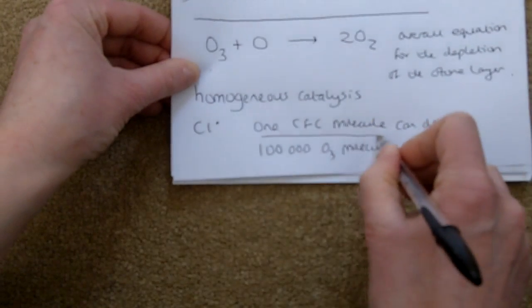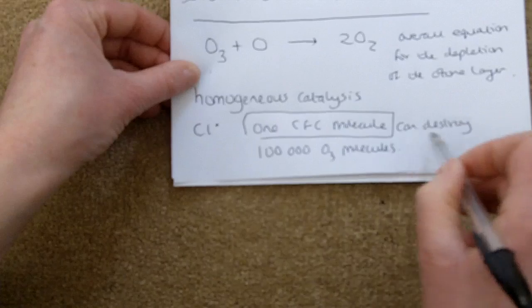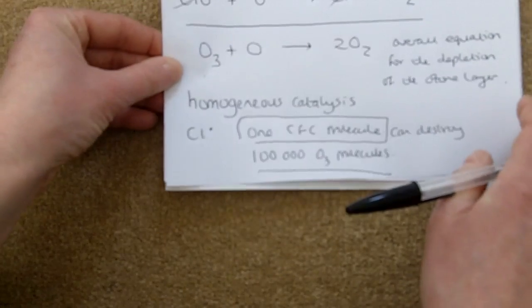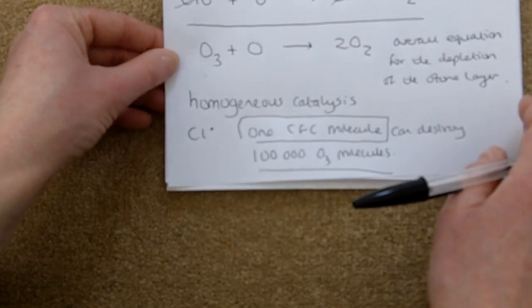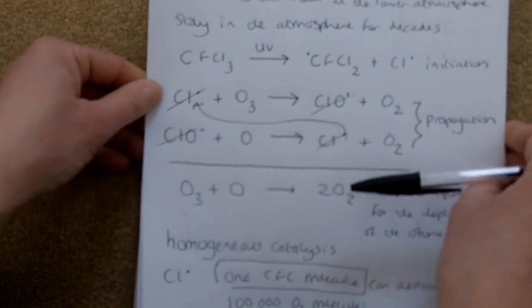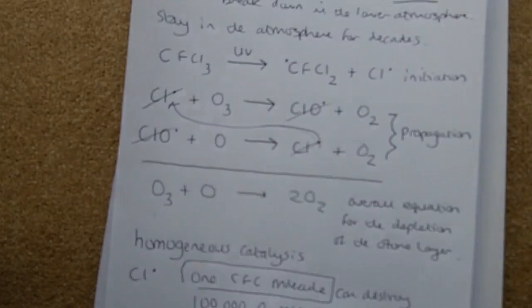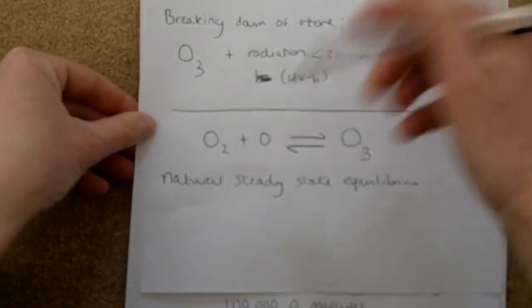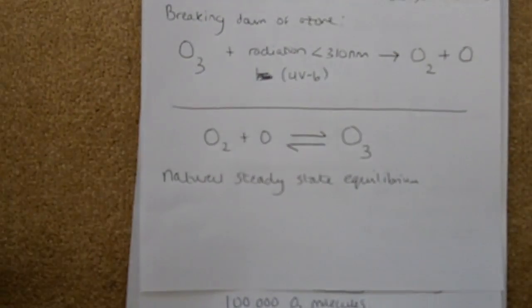But this is a natural equilibrium, where ozone is made and where ozone is broken down. If we stop putting these CFCs into the atmosphere, then the natural equilibrium will come back and it will start to repair. It will just take many years to do that.